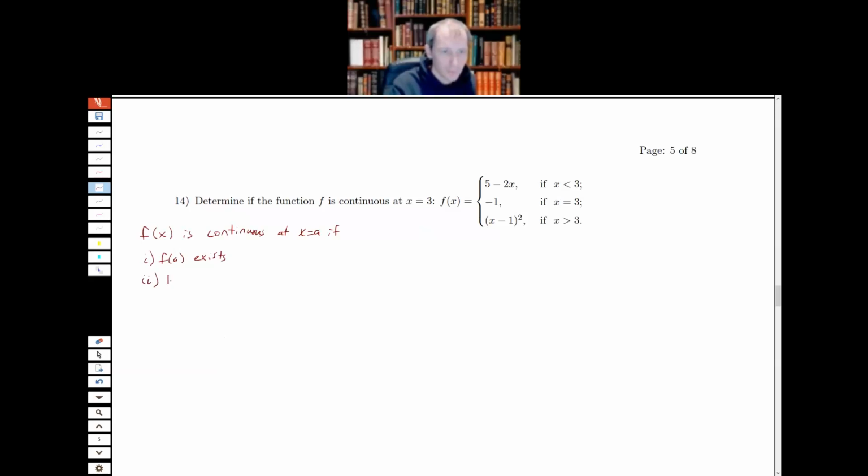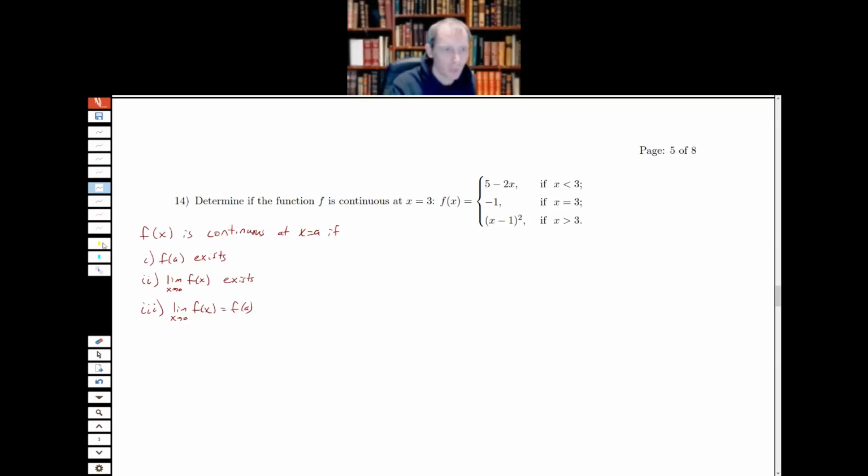Two, the limit as x approaches a of f(x) exists. And finally, these two match. Okay, so if I have all three of these things, then the function's continuous at a point, and if I'm missing any one of them, then the function's not continuous at that point.